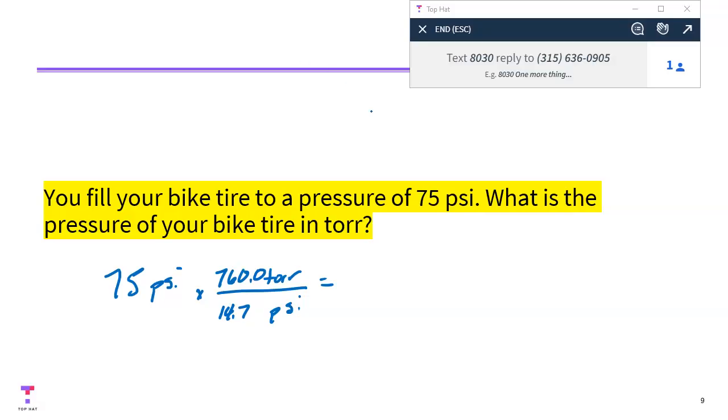My initial value was only in 2 sig figs, so I'm going to have to round my 3,877 accordingly. So 3,900 torr would be the appropriate value here.